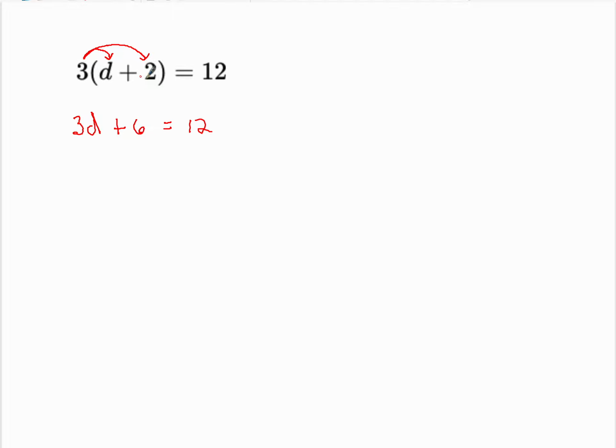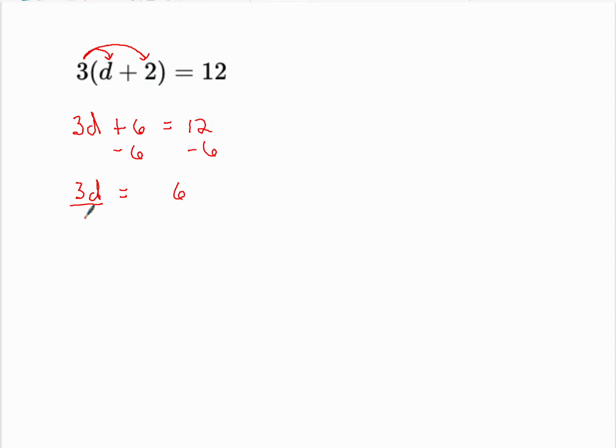Once I've distributed and gotten rid of the parentheses, then I can start the steps of solving the equation that we're used to doing at this point. This is a 2-step equation now, once we have done that multiplication and distributed the 3. So now I would just do minus 6, 3d equals 6.